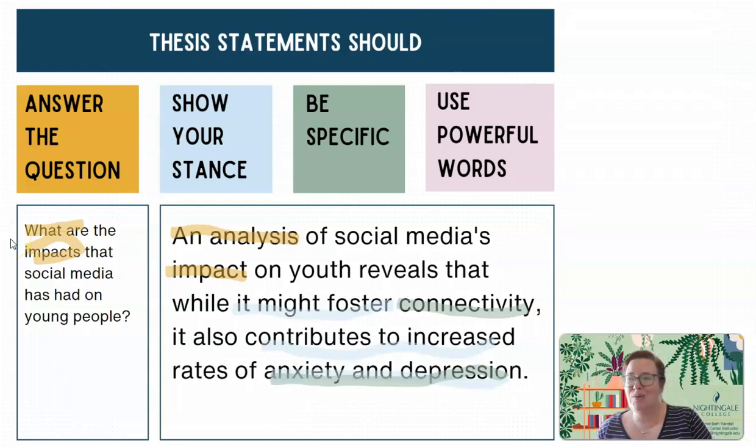We can see that here with the word might, which shows that this author doesn't really think this is a powerful positive. It might foster connectivity, but contribute to increased rates of anxiety and depression. So we're talking about showing our opinion with the words we use.